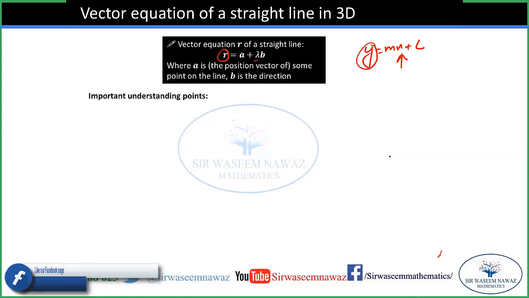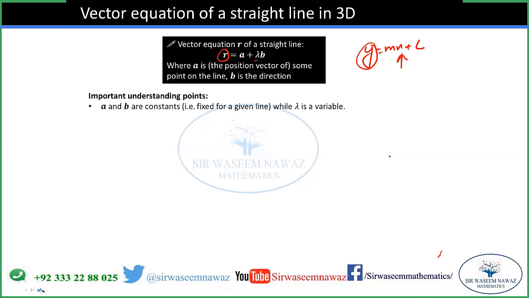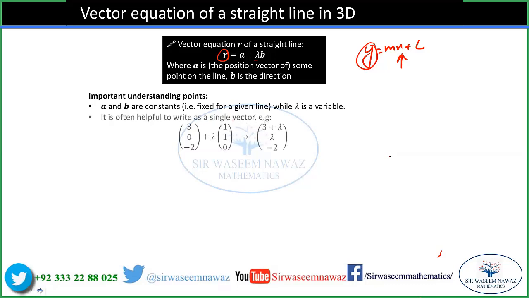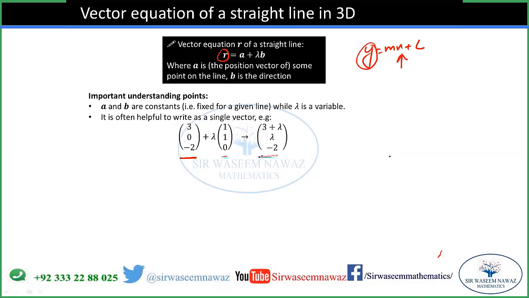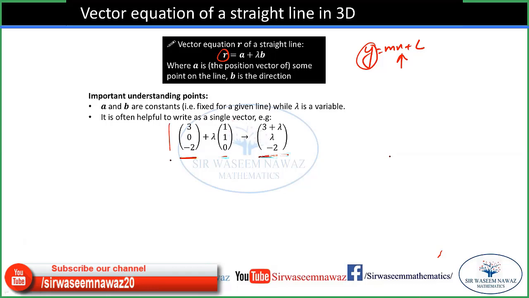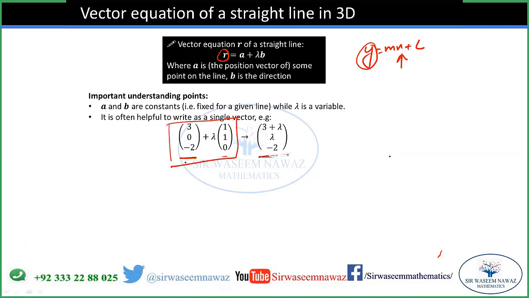Here there are a few things that you have to understand and remember. The first thing, a and b both are constant here. It is very useful if we write the equation of the line in this form, you will see that when we solve vector questions, it will be quite helpful for us. So instead of writing the whole equation in this form, we can make use of our matrix theory, that we can add them and write it in a column vector form.